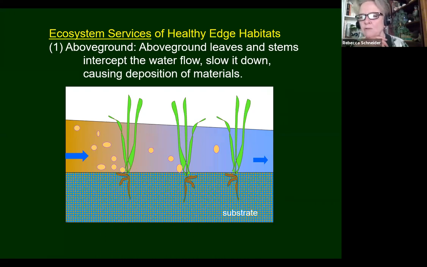When the water levels rise and flood the banks and go over the shoreline and the stream sides, the leaves and stems intercept the water, they slow it down, and they cause materials to deposit out. In this schematic, I'm showing sediment depositing out and cleaner water passing through.